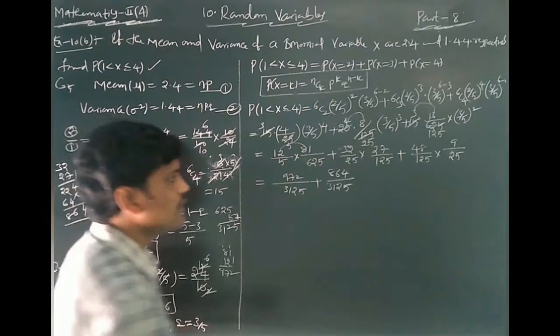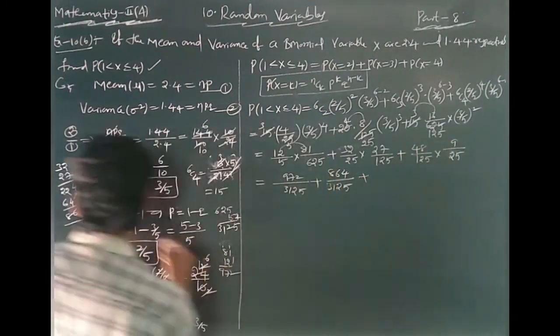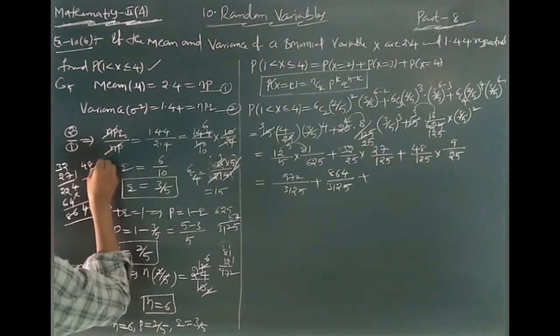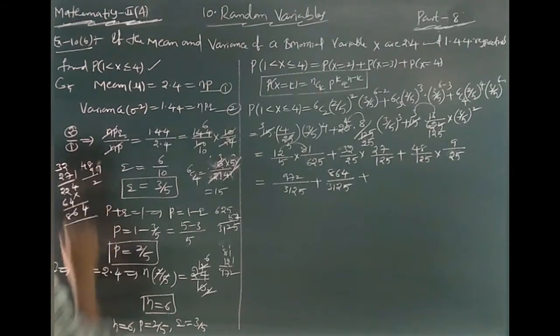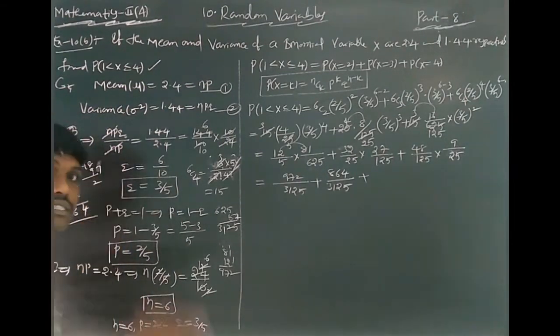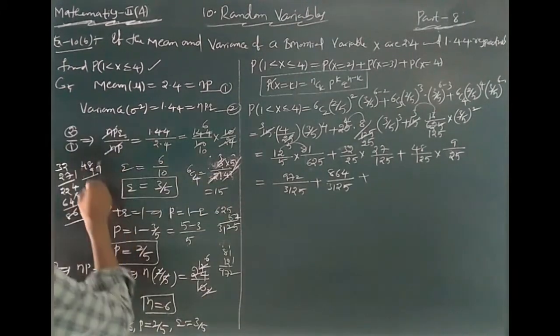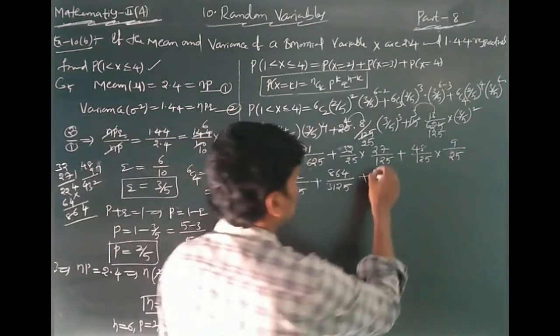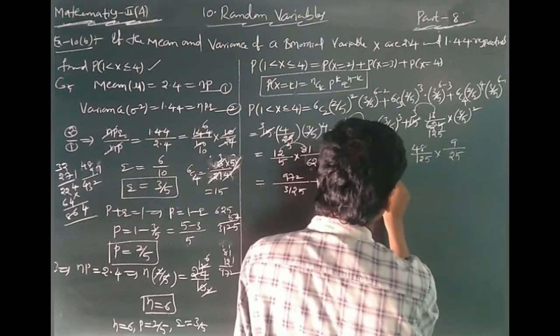Here 3125. Similarly 48 into 9: 8 9s are 72, 4 9s are 36, 36 plus 7 is 43, so 432 by 3125.